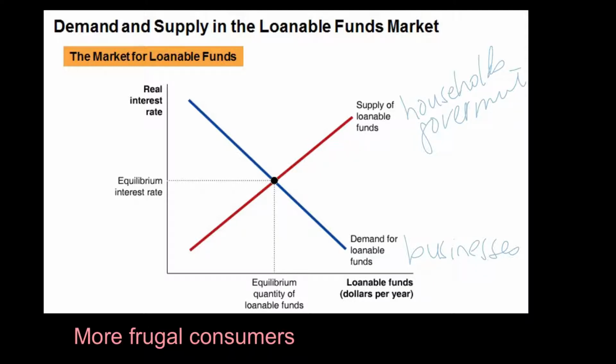Now they want to save more. So what I'm describing is an increase in the supply of loanable funds. And so that is how we're going to be mapping the changes in consumers' desire to save: graphically, as an increase in the supply of loanable funds.